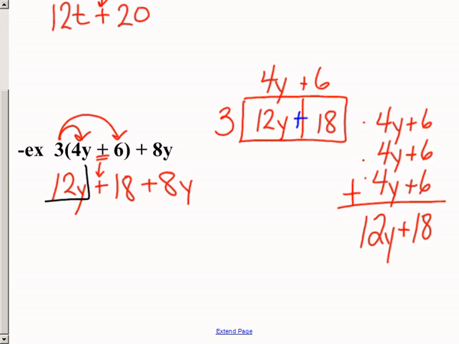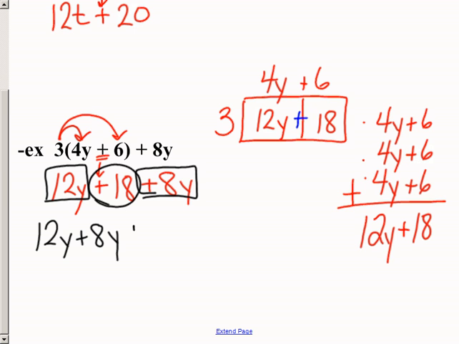So we have 12y plus 8y plus 18. The 12y and the 8y can combine to make 20y, plus 18. The 18 can't combine with anything because it has no terms like it. Let's look at 2 more examples.